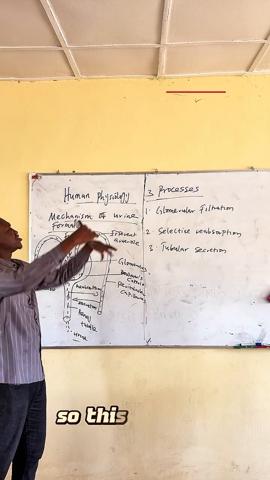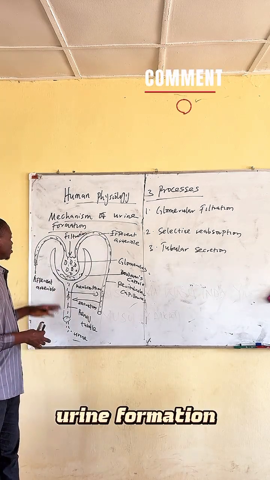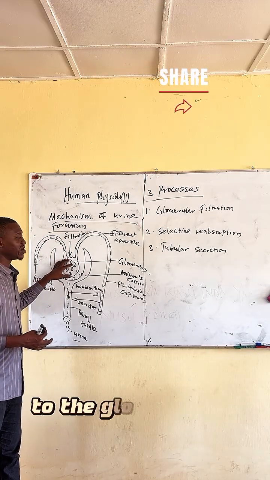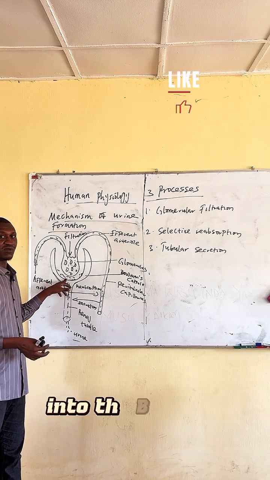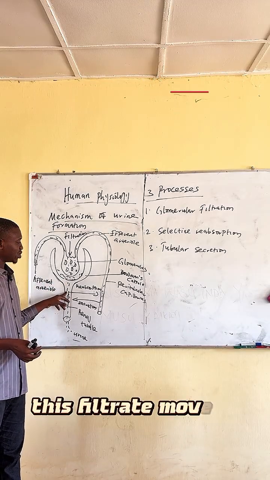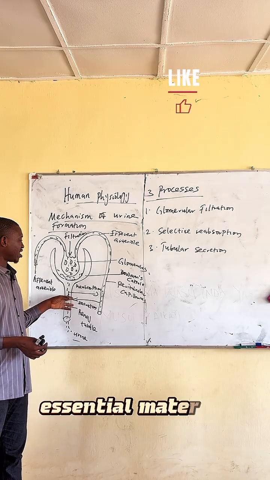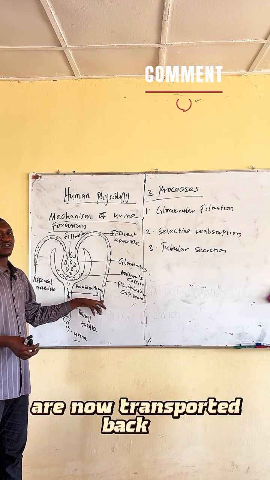So this is just a summary of what happens during urine formation. Blood from the heart is transported to the what? To the glomerulus. In the glomerulus, waste product plus essential material are filtered into the Bowman's capsule. This filtrate moves to the renal tubules. In the renal tubules, essential material present in the filtrate is now transported back to the what?